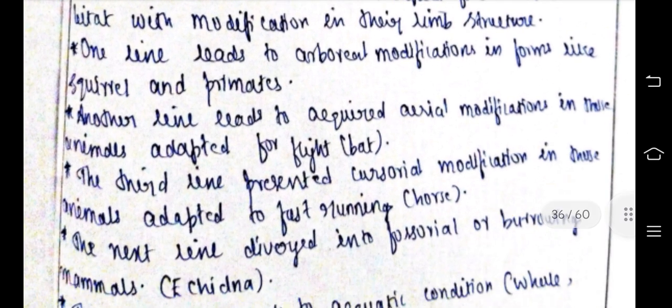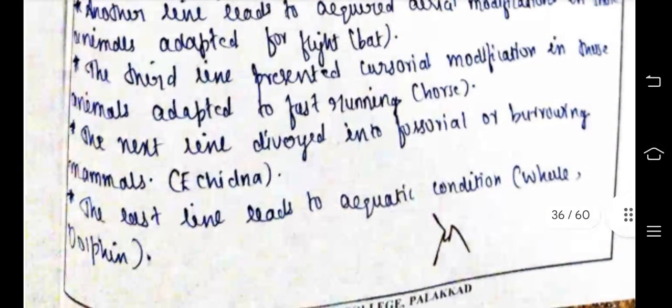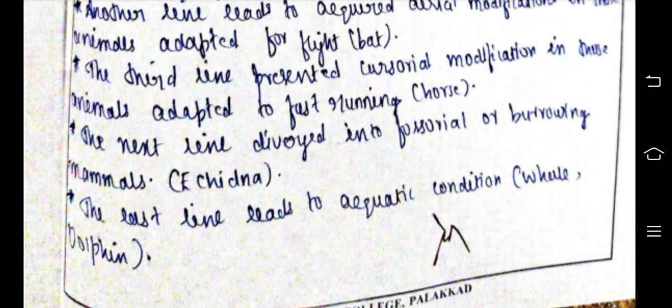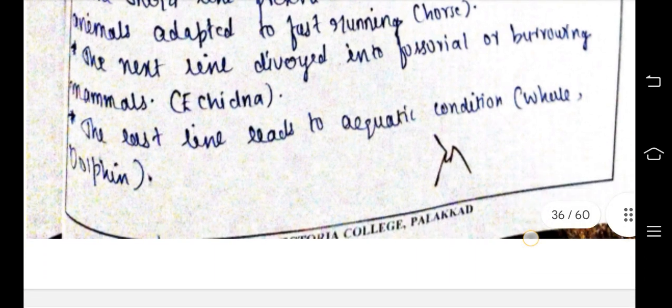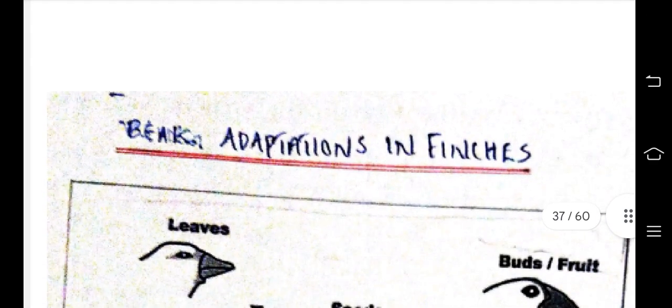Arboreal modifications in squirrels and primates; aerial modifications in animals adapted for flight, bats; cursorial modifications adapted to running forms, horse; the next line goes to fossorial burrowing mammals, echidna; the last line leads to aquatic conditions, whale, dolphin, etc.